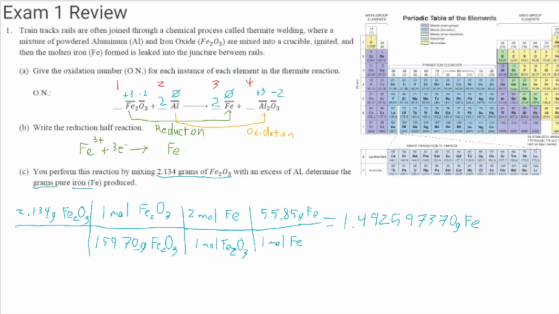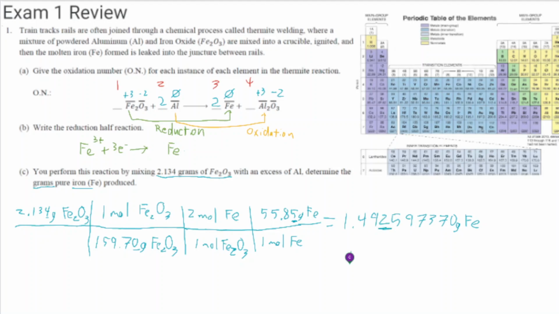And if we look at the last number here, we have 1, 2, 3, 4. So we have 4 sig figs, 5 sig figs, and 4 sig figs. When you do multiplication and division, you're limited to the lowest number of significant figures, so in this case, 4. So we are going to count 1, 2, 3, 4. We're good down to that 2.